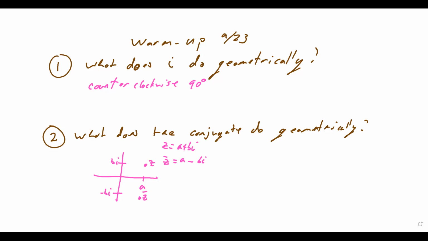Reflects. Very good. So this reflects across the x-axis. All righty. So the conjugate geometrically just reflects the original point across the x-axis because the only part that's changing is the imaginary. And this is what we're going to be talking about today.